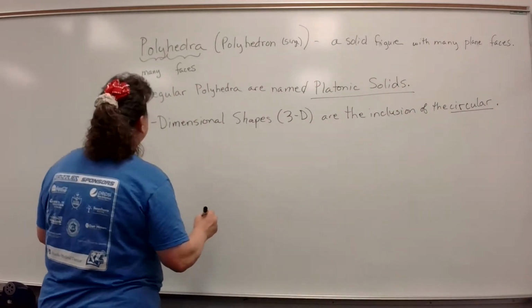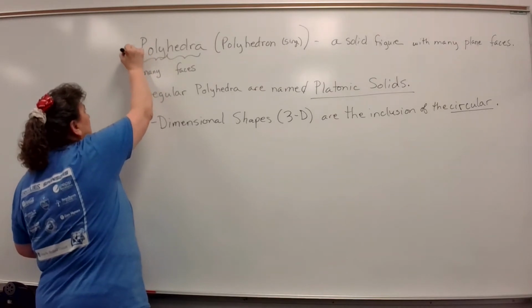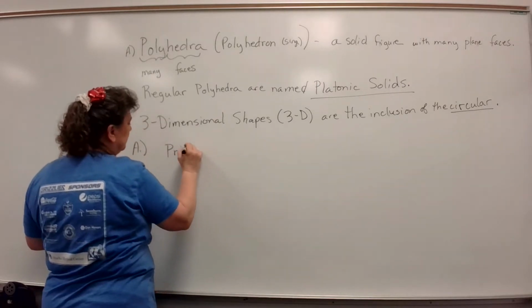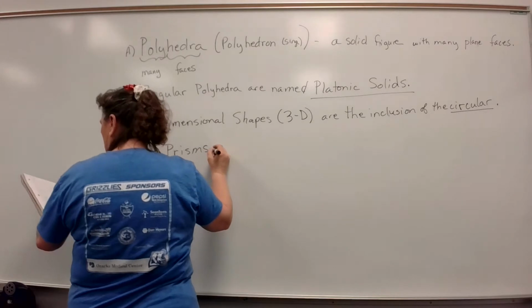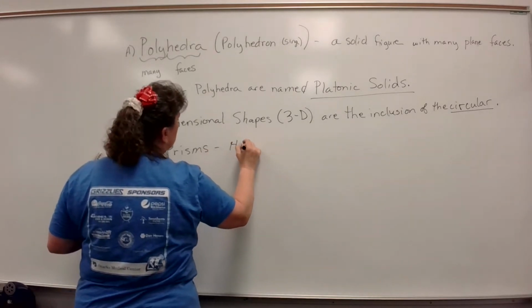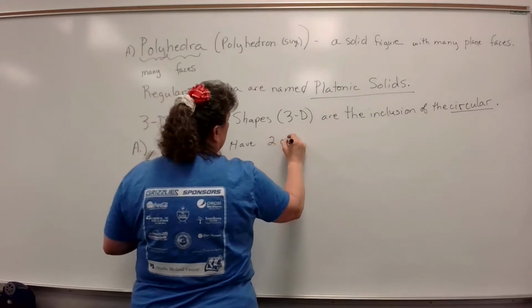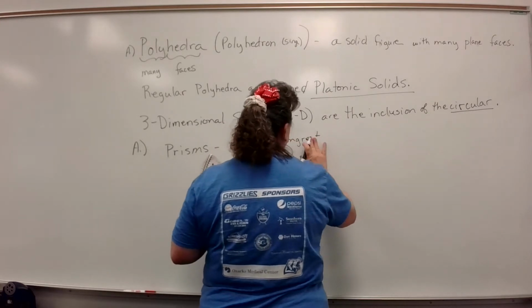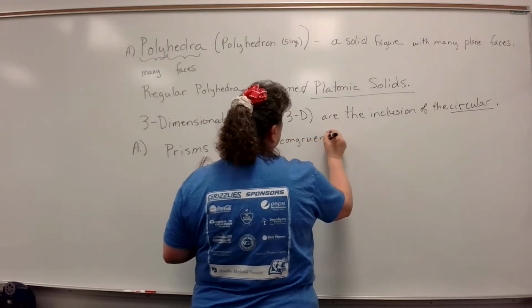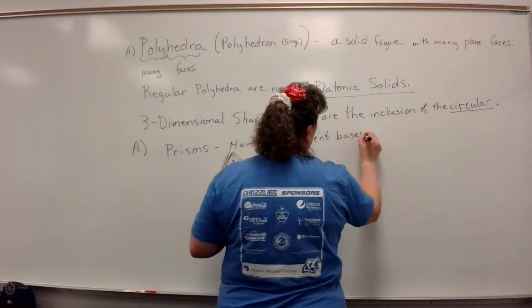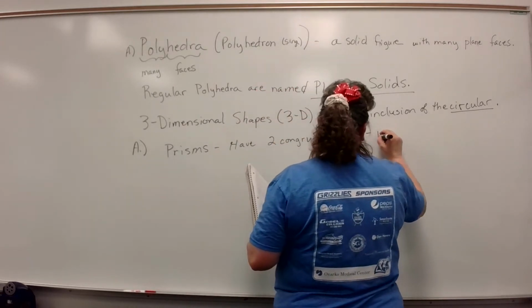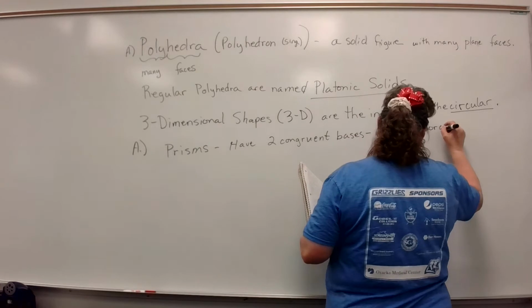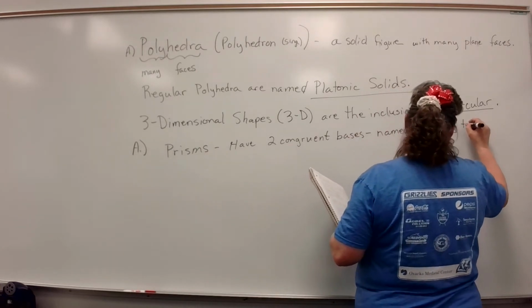So let's talk first of all about the various polyhedrons. You have prisms, and prisms have two congruent bases. In other words, the bases are the same size and shape, congruent, and they are named according to the base.